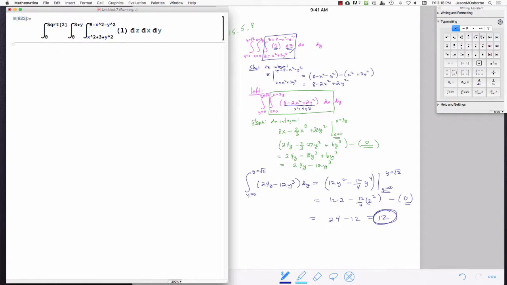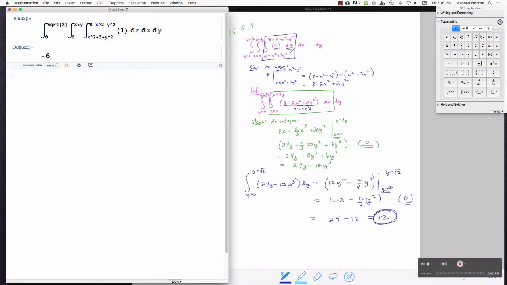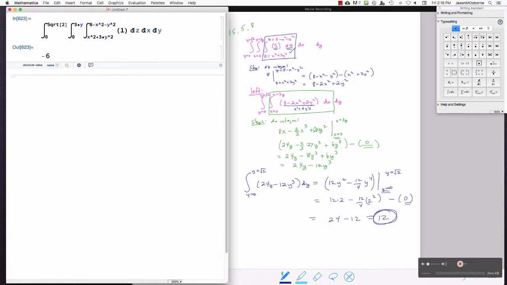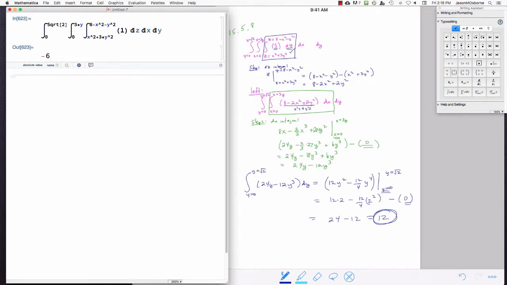Shift enter, and hopefully we get 12. Negative 6. Shoot. All right. Let's double check our limits. We're going from x squared plus 3y squared up to 8 minus x squared minus y squared. X goes from 0 to 3y, y goes from 0 to square root of 2. Okay.